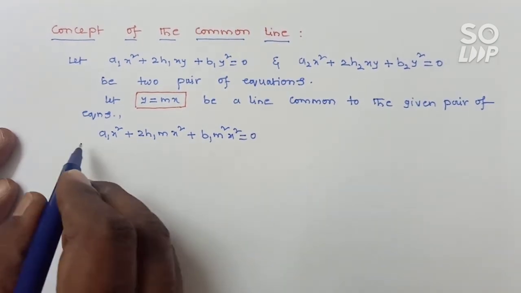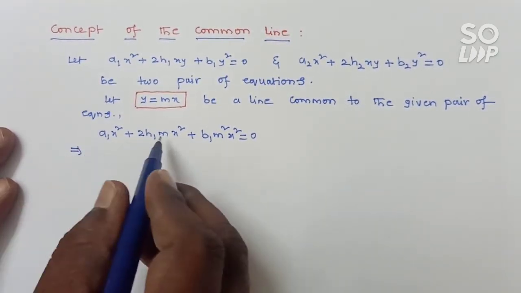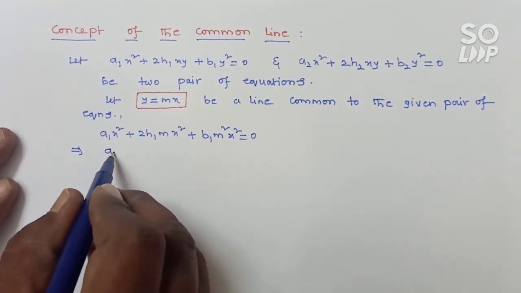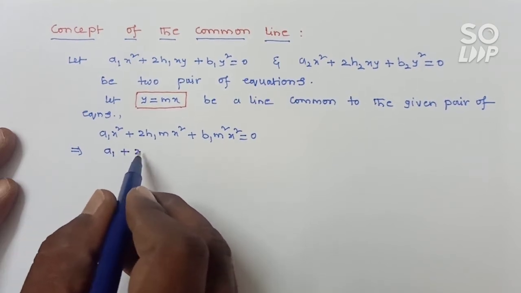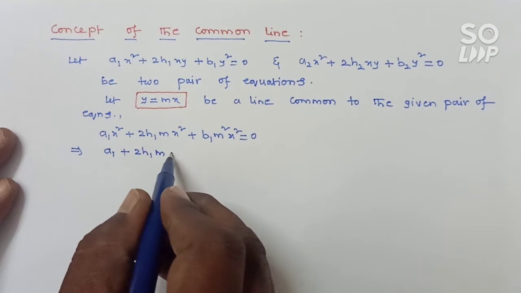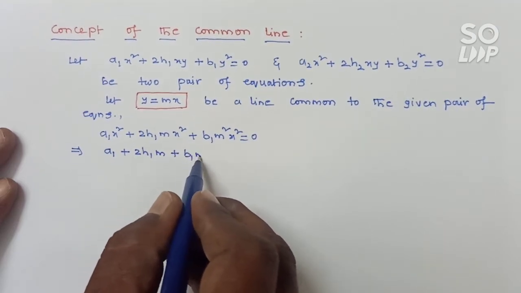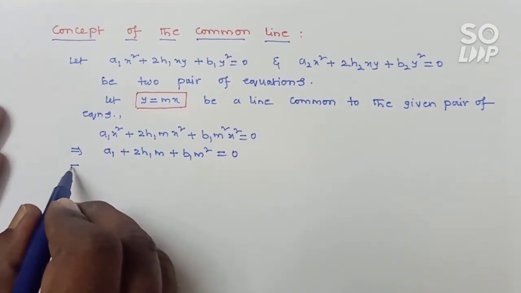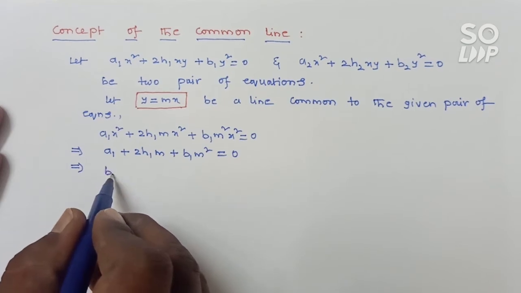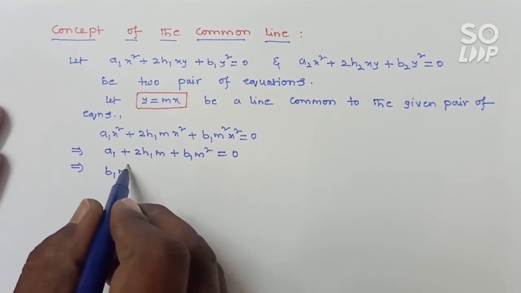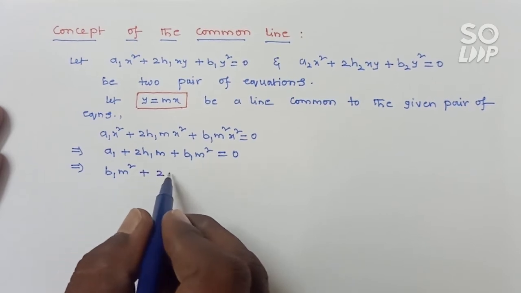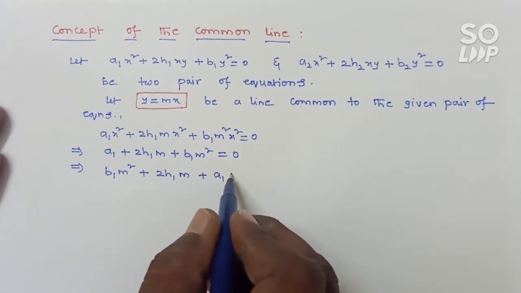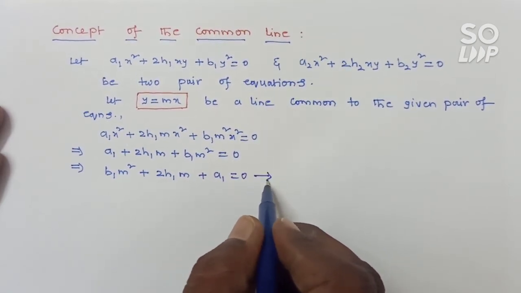Now dividing by x square, which is common, and the coefficient will not be equal to 0, we get a1 plus 2h1 into m plus b1 into m square is equals to 0. This one you write in the proper order: b1 into m square plus 2 into h1 into m plus a1 is equals to 0. Let this be equation 1.